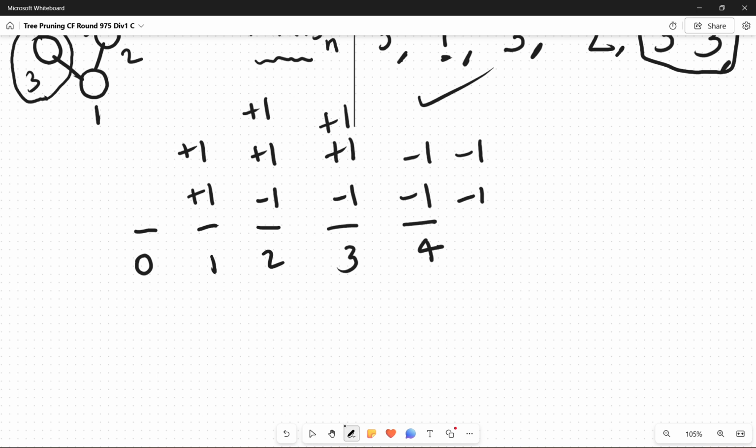So how is my delta encoding looking? It is like 0, 2, 1, 1, and minus 4.